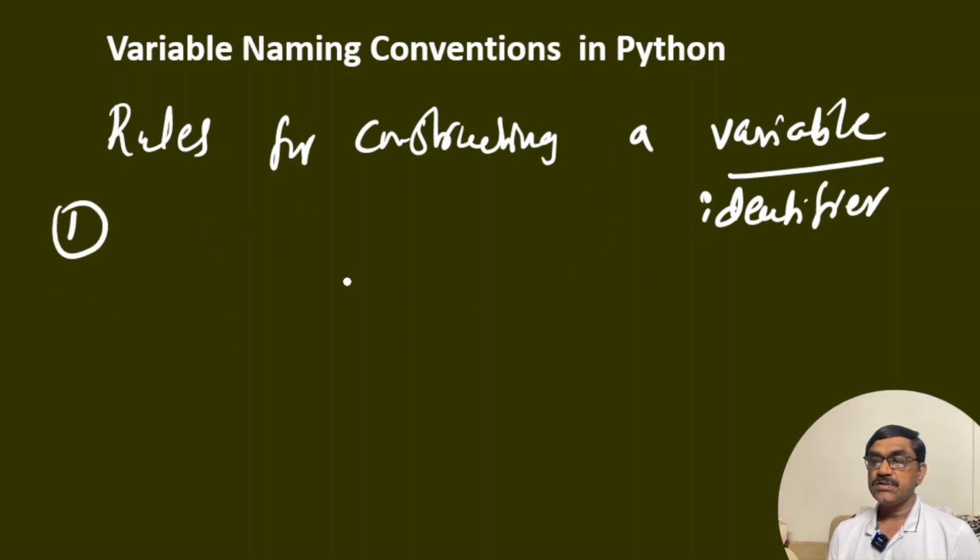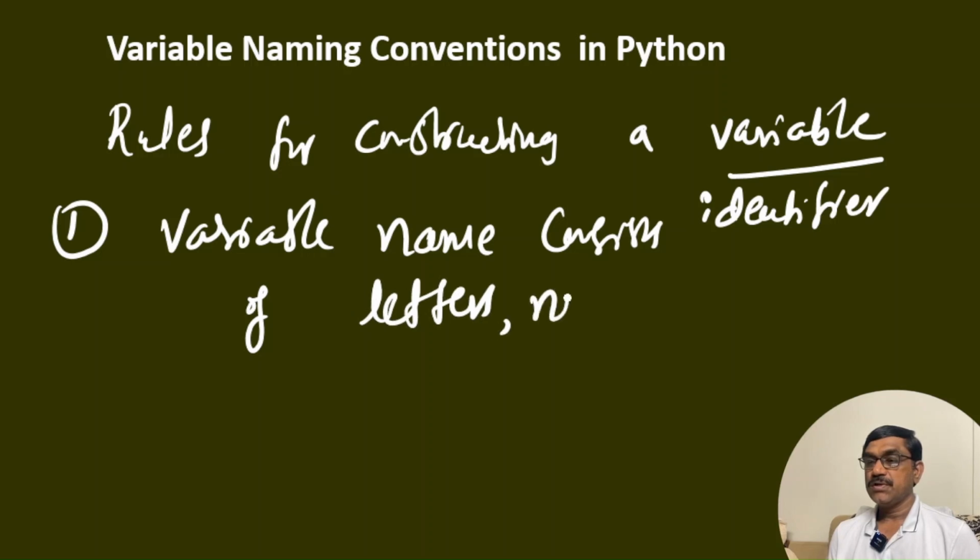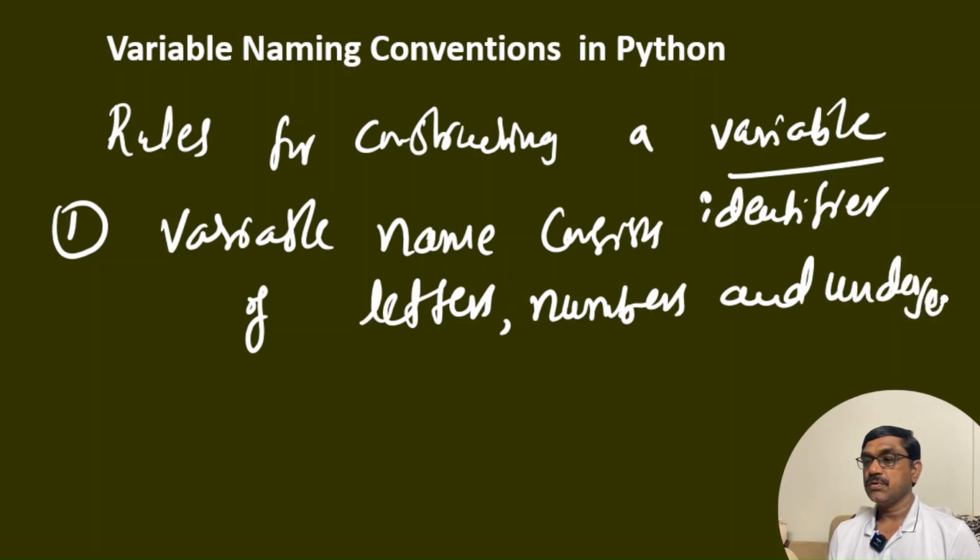The first one says that a variable name consists of letters, you can use numbers and underscores. But no special operators are allowed.